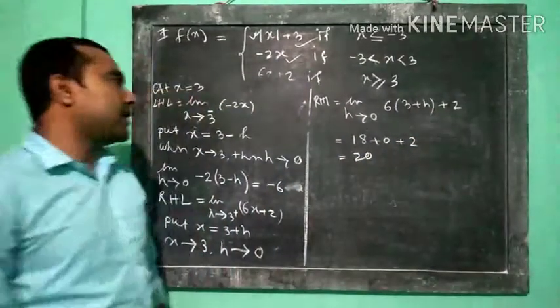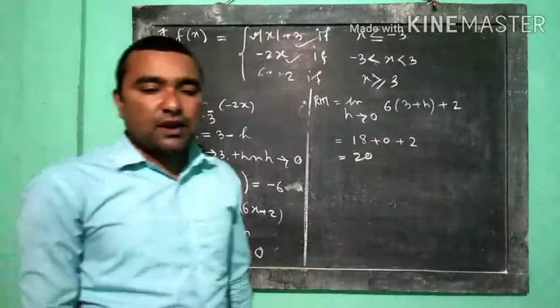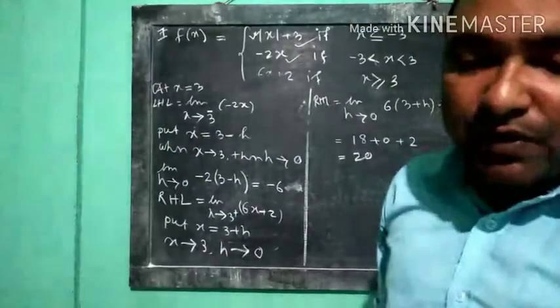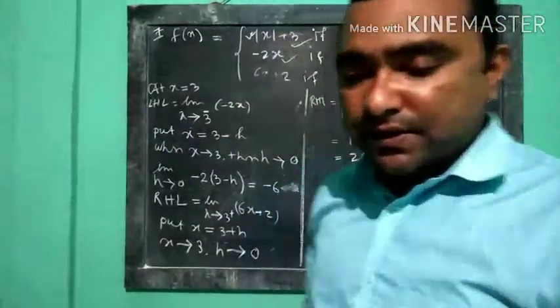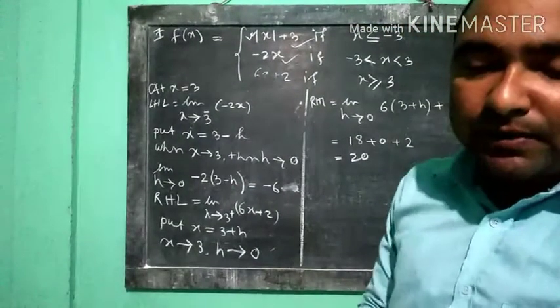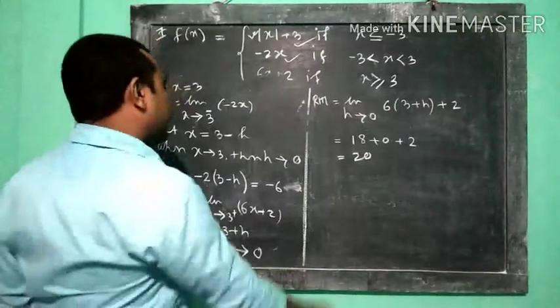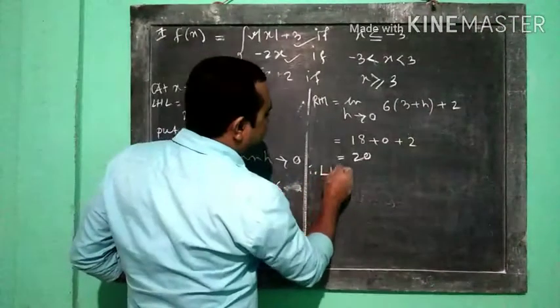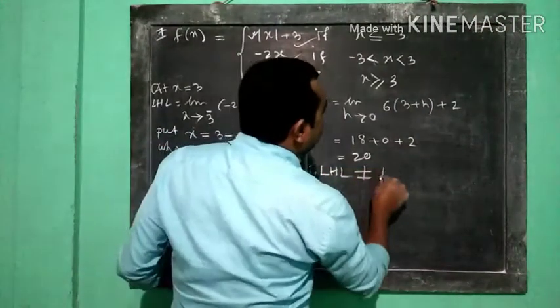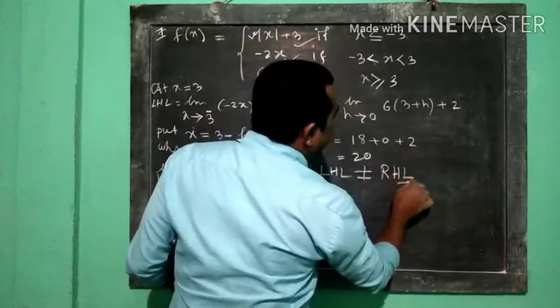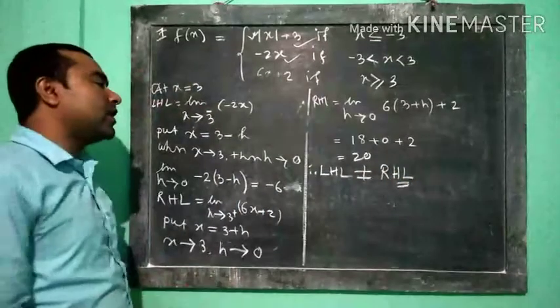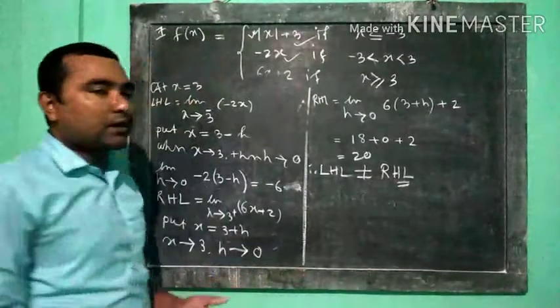So the right hand limit is 20 and the left hand limit is minus 6. Right hand limit and left hand limit are not the same. Therefore left hand limit is not equal to right hand limit. So what do we get about the continuity?